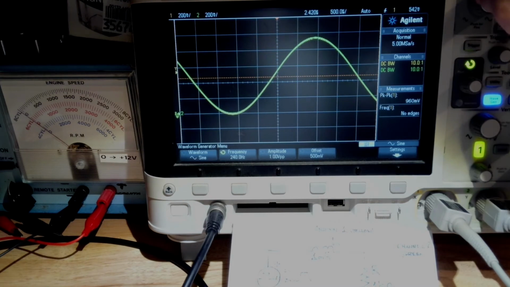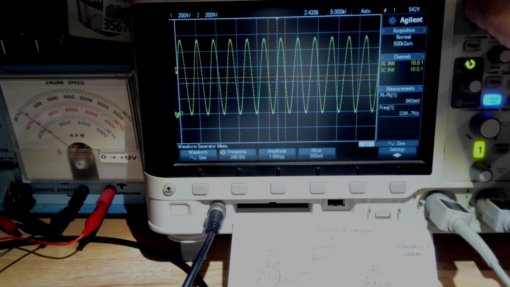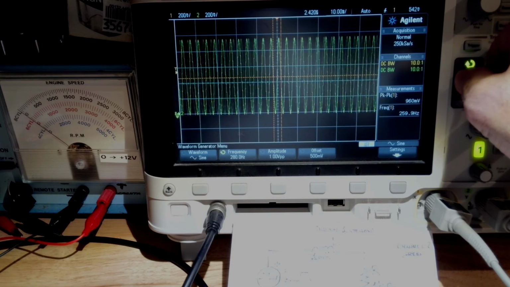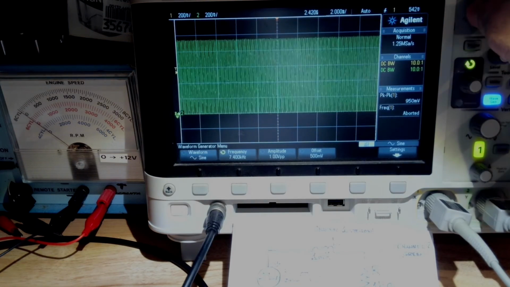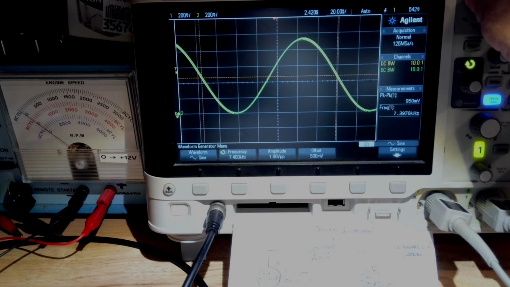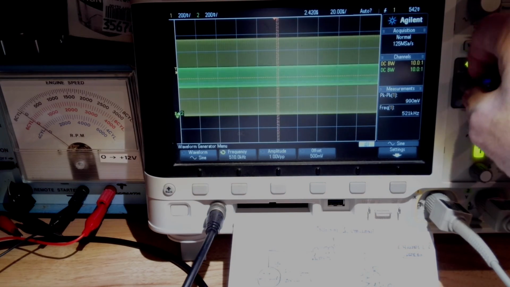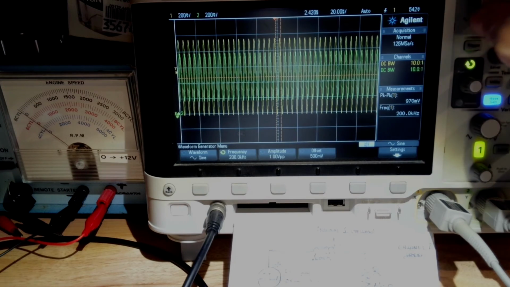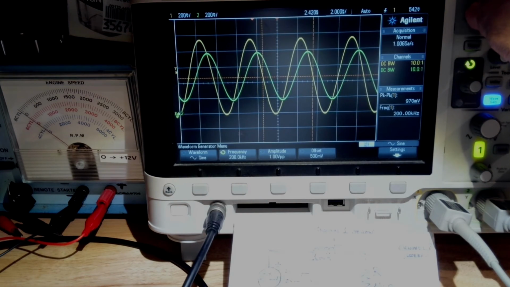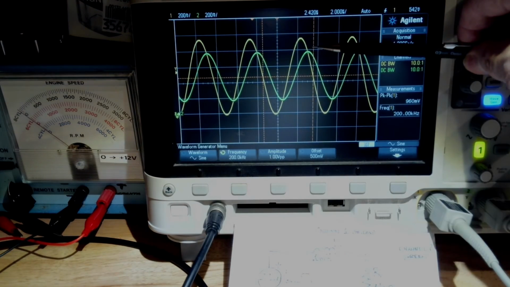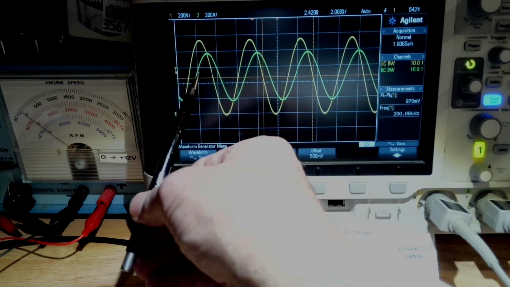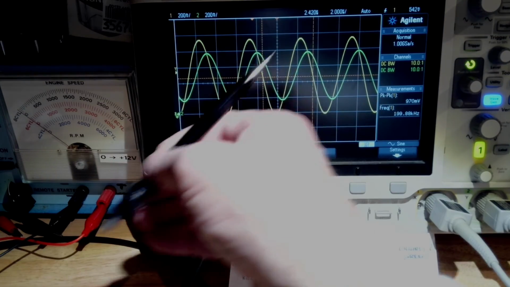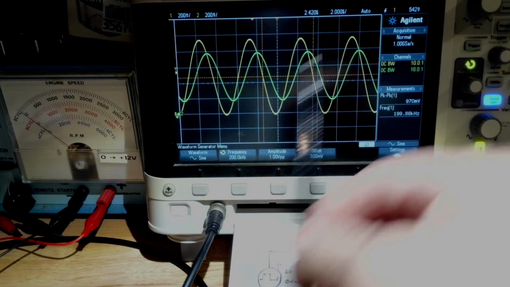But now, if I take the frequency way up, I'm beginning to lose amplitude on the output waveform, and I'm experiencing what we call a phase shift.